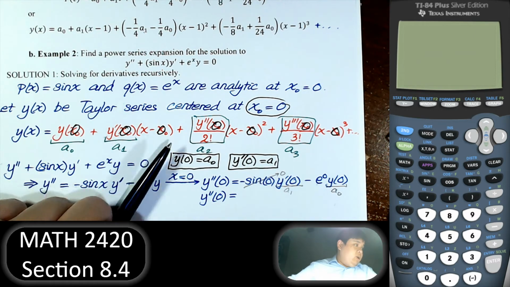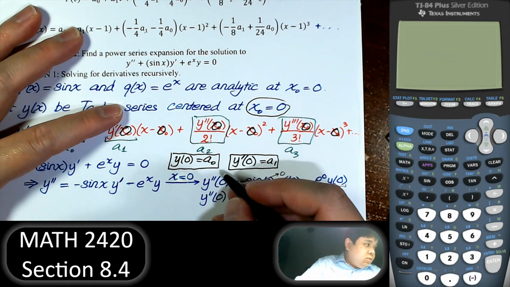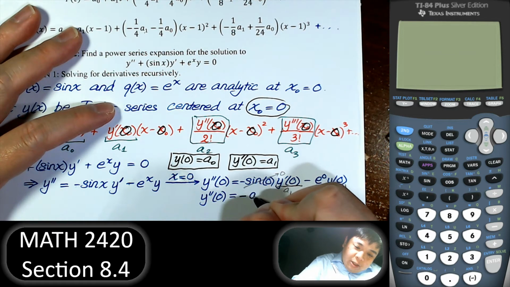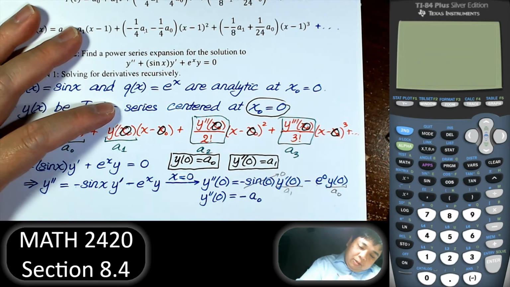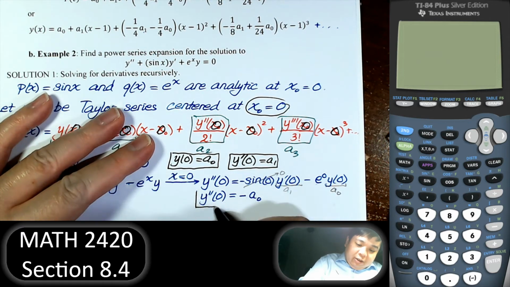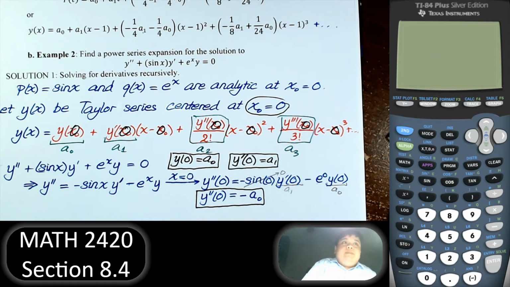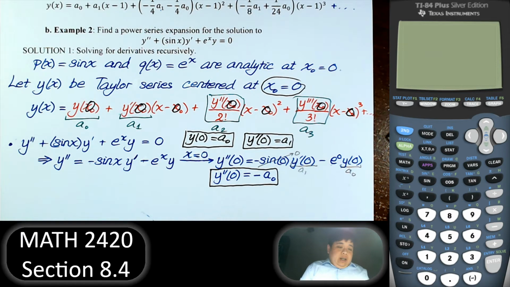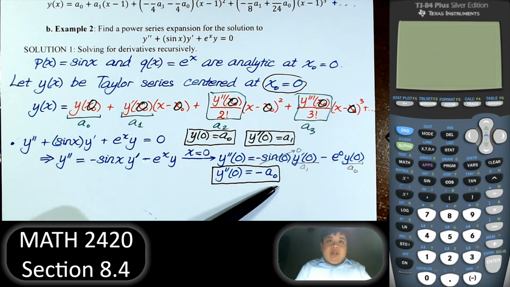So this is negative a naught. So we solve for the second derivative at x equal to 0, and it is equal to negative a naught.